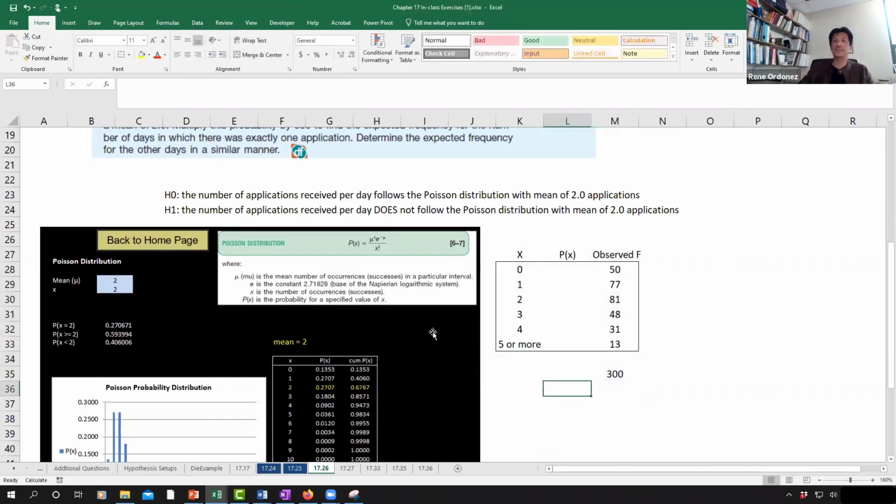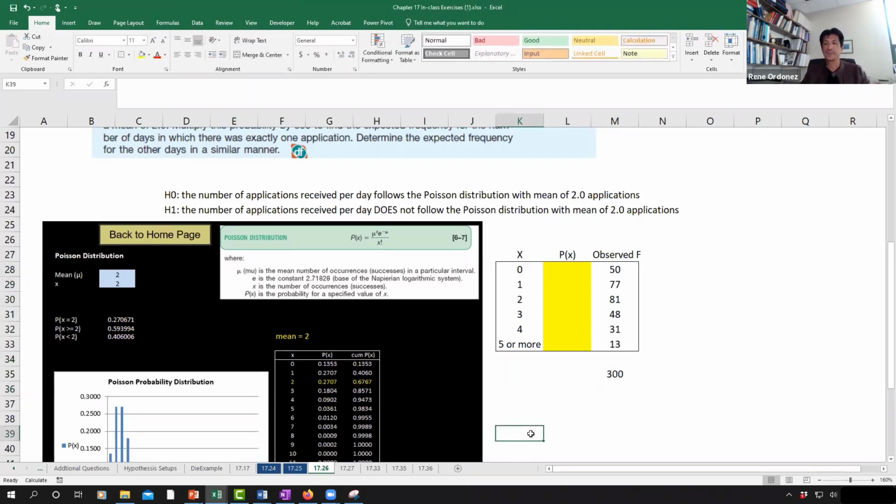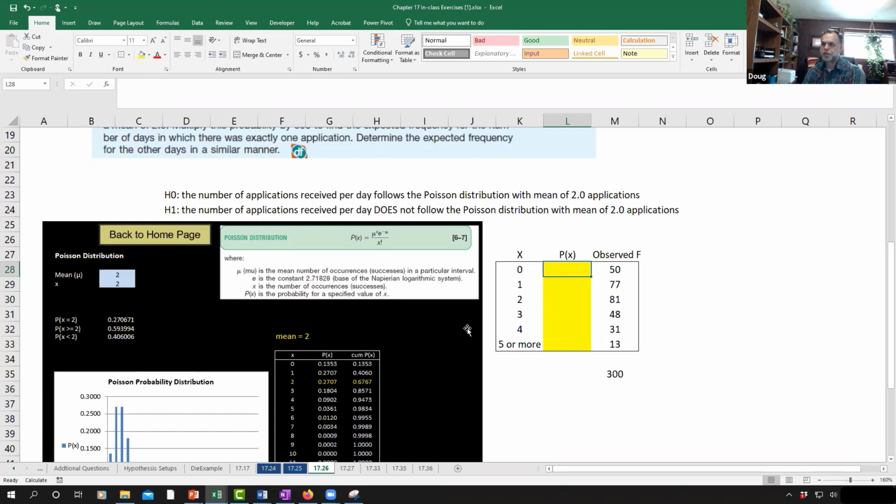Okay. So fill in the blank here. Here's the table. What's the probability that X is equal to 0? 0.1353. All right, Doug, where are you picking that number from? The probability of X in the table over to the right there.